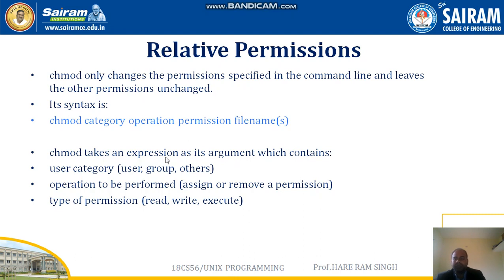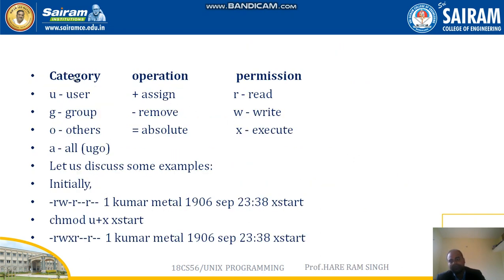Change mode takes an expression as its argument which contains the user category, an operation and the type of permission. User category can be user, group or others. An operation can assign or remove a permission. Type of permission can be read, write and execute. Operation can be plus, minus or equal to.